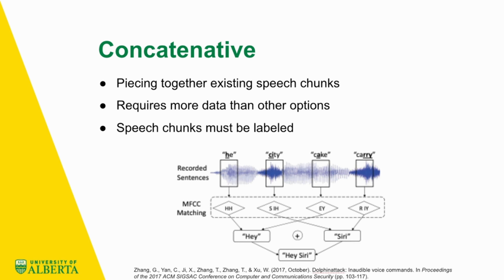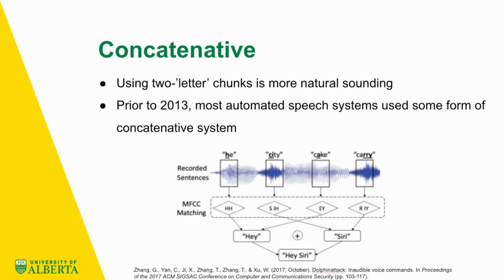This is similar to a lot of early ways of doing speech synthesis. It can create somewhat robotic voices, but they're usually not too bad nowadays. But again, you're going to have a recording of all of the sounds that you want. And ideally, what you really want is to use these 2-letter chunks or these 2 sound chunks.